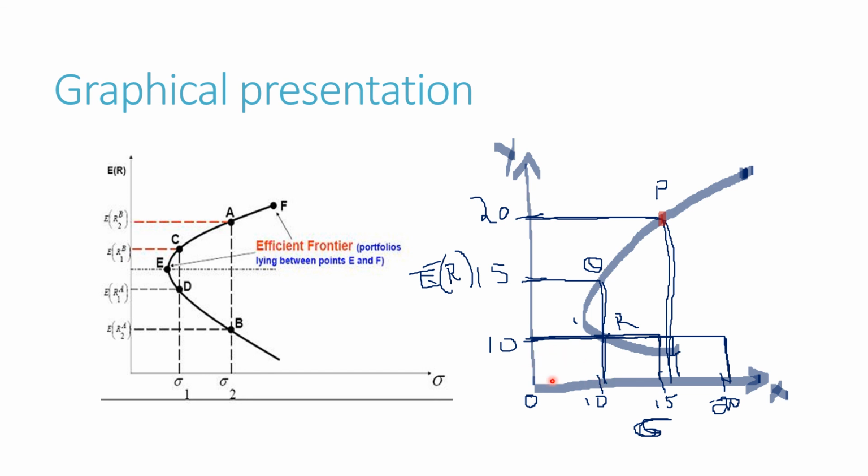Based on how much risk he bears, he is going to get the return. If he takes 10% risk, then at the maximum 15% returns can be attained. Beyond that he cannot attain.